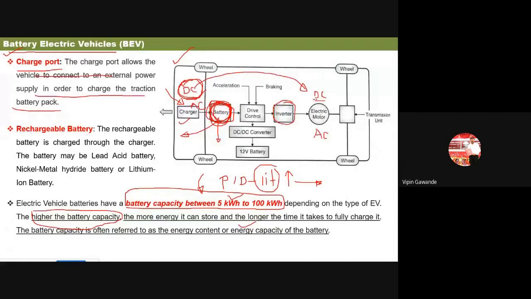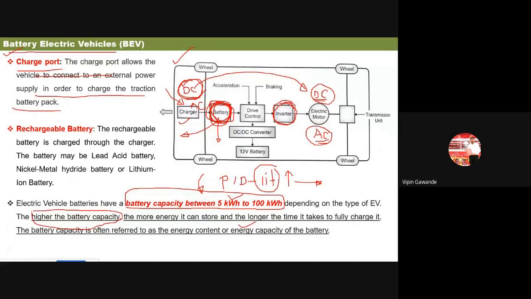Okay, it may be a DC electric motor or it may be an AC electric motor. If a DC electric motor is there and if we are storing the current in the form of DC, then there is no problem. We can use this current directly for running the electric motor. But if the electric motor is an AC electric motor, then to convert this DC into AC, we have to use here an inverter. Okay, so the inverter is another component of the electric vehicle.